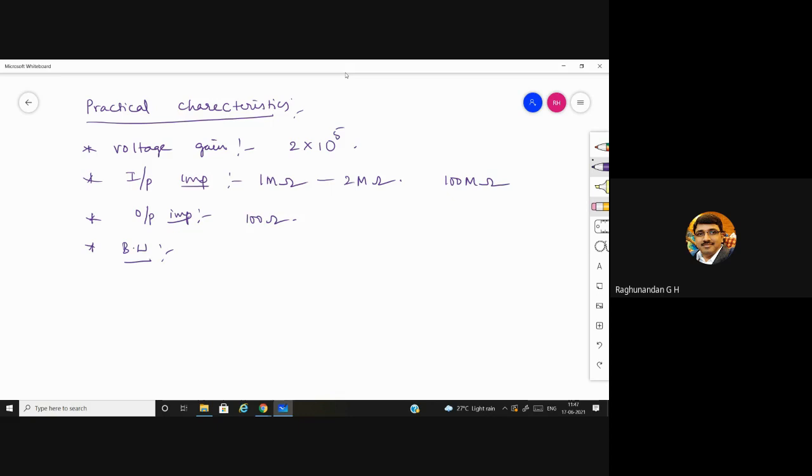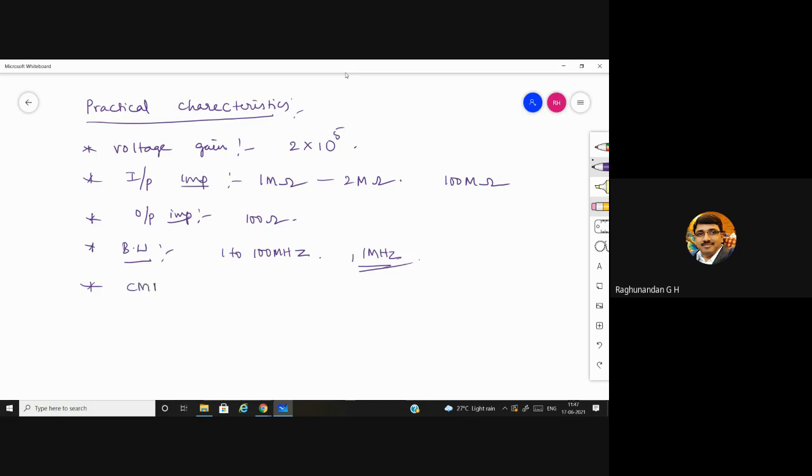It was told to be infinite, but practically it will be 1 to 100 megahertz. Typically we consider 1 megahertz, but if you tune it, it can go up to 100 megahertz, which is not infinity.